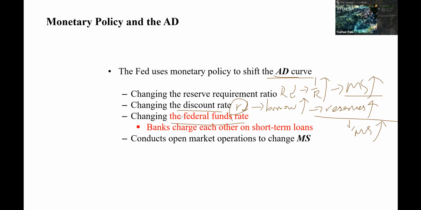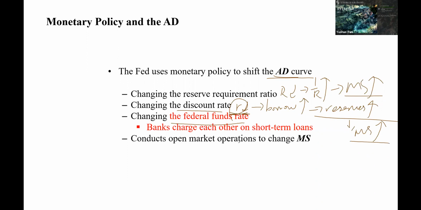But the federal funds rate is the interest rate banks charge each other on short-term loans. The discount rate is the interest rate if banks want to borrow from the Fed, and the federal funds rate is the interest rate if banks want to borrow from other banks. But the logic is the same. If R decreases, there is more incentive to borrow more money, which means more money supply.